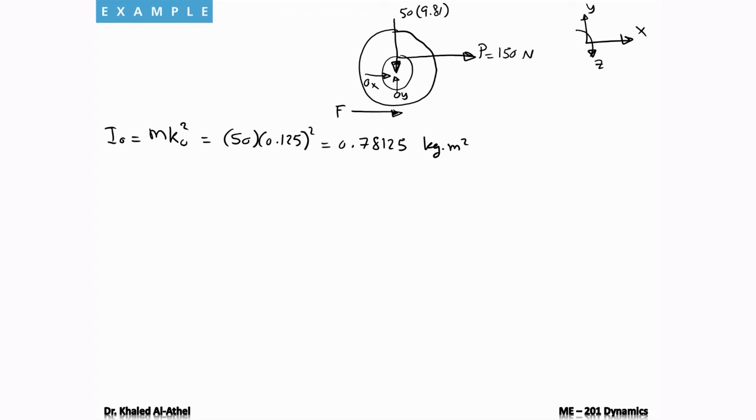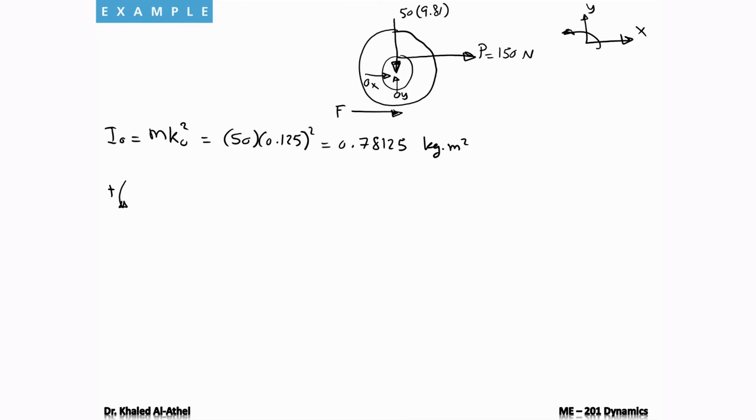Now, let me write the angular impulse and momentum equation. I'm going to use this as positive, or I can use the other as positive. Sorry, if we are doing this, then let me change it. It doesn't matter. You can choose whatever you feel comfortable with. I just forgot that I chose that one.